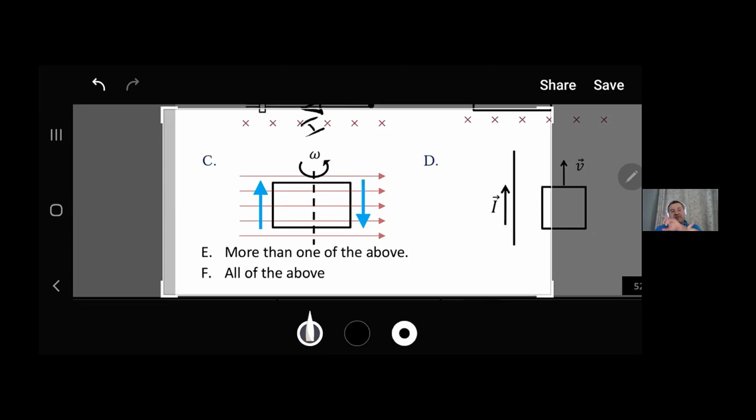Once it rotates, the flux is going to vary because of the dot product between the normal unit vector of this area and the magnetic field, which means the total magnetic field that is crossing this loop will be changing, and that's why I have a time varying flux. And in this case, yes, I have an induced electromotive force, and it is a motional electromotive force.